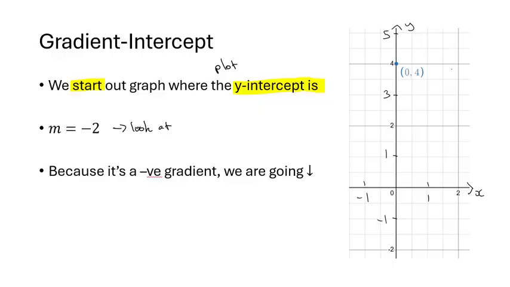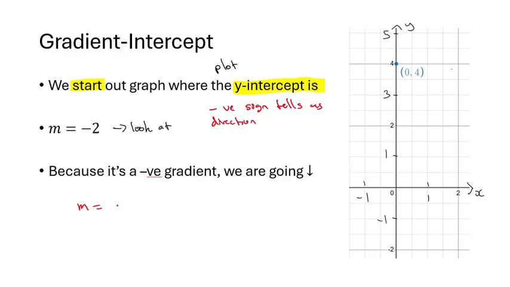Because m equals negative 2, the negative sign just tells us the direction. That's it.